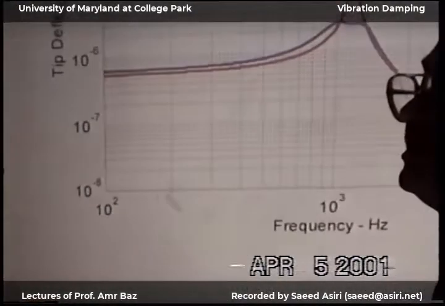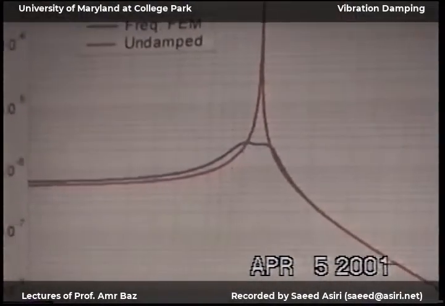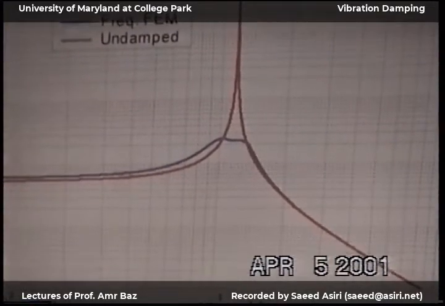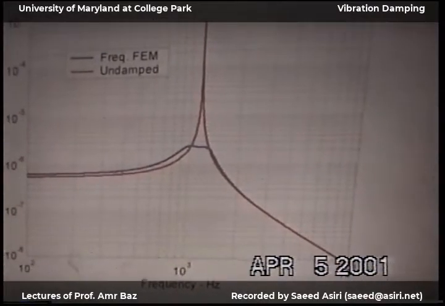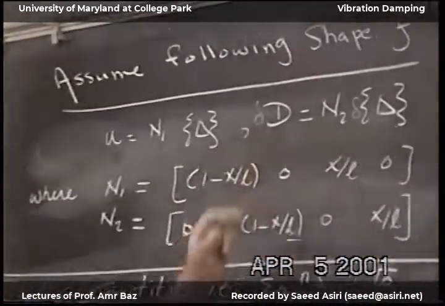When we do the frequency domain finite element, that's the result. When we do the time domain element, we are again approximating the displacement and the charge by linear functions.